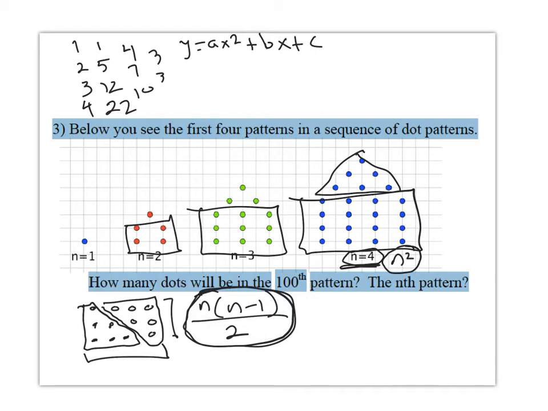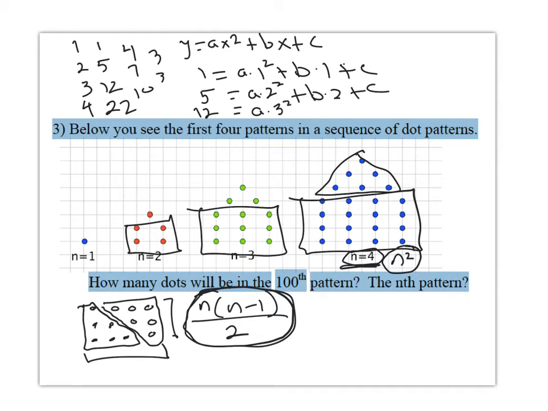So now we can say that 1 is equal to a times 1 squared plus b times 1 plus c. 5 is equal to a times 2 squared plus b times 2 plus c, and therefore 12 is equal to a times 3 squared plus b times 3 plus c.